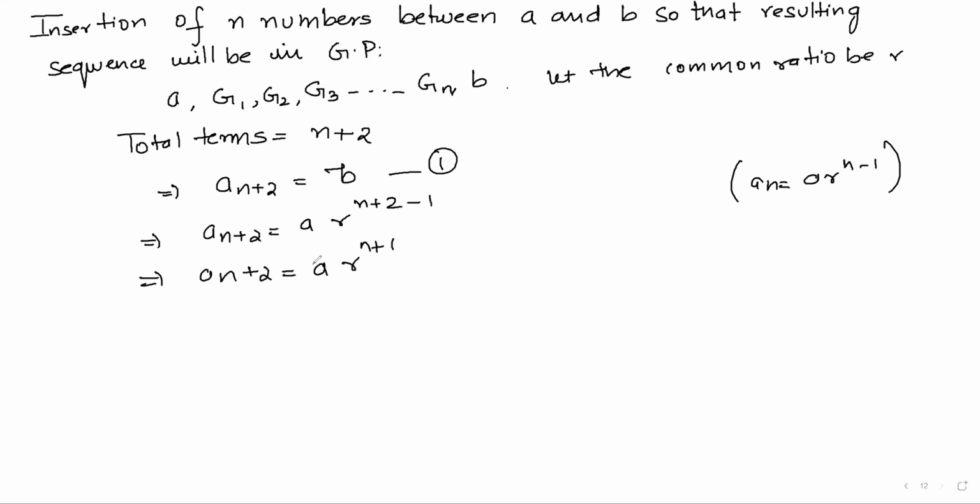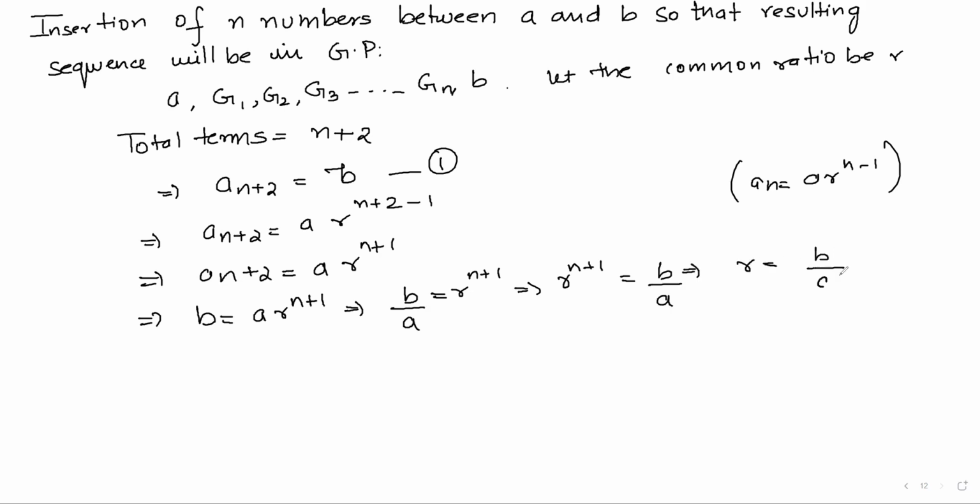Okay, this clear? Noma and Sparsh, this one is clear? Yes, sir. Okay, so a n plus 2 means this is B. B is equal to a r to the power n plus 1. So B by a is equal to r to the power n plus 1. So r to the power n plus 1 is equal to B by a. r is equal to B by a to the power 1 by n plus 1.